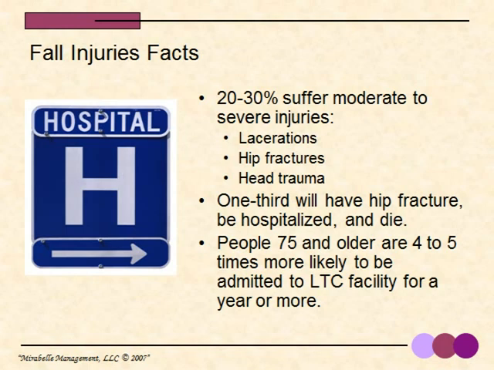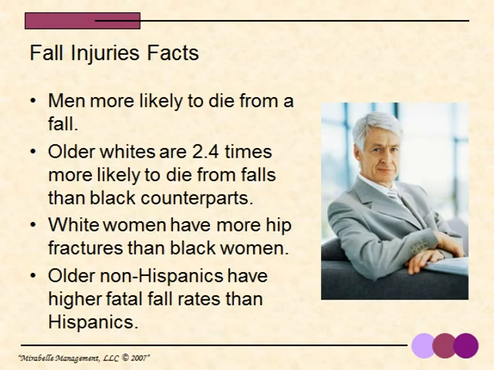By the year 2020, the estimated annual cost for fall-related injuries for people age 65 and older is expected to reach $43.8 billion. Men are more likely than women to die from a fall. The fall rate back in 2009 was 34% higher for men than for women.